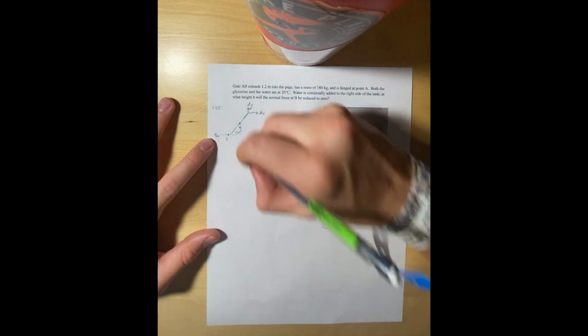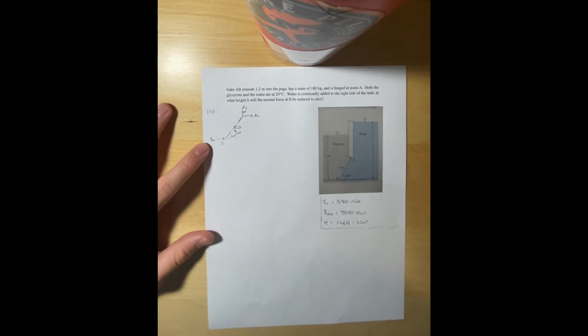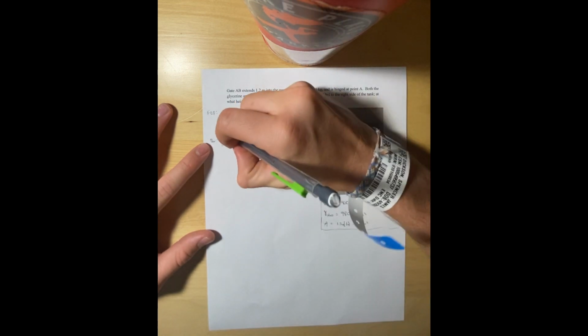It's going to be the weight downwards at the center of gravity right there in the middle, and then we're going to have the force from the water acting on the gate and the force from the glycerin acting on the gate. Anyway, disregard my pronunciation. So we're going to go ahead and throw those in there.